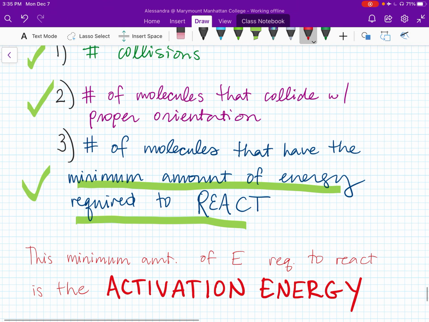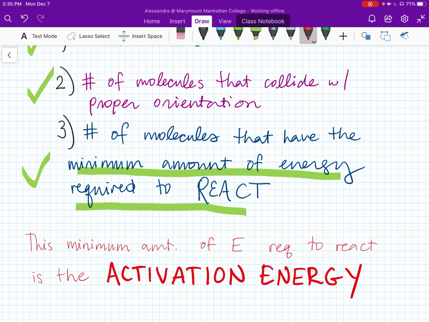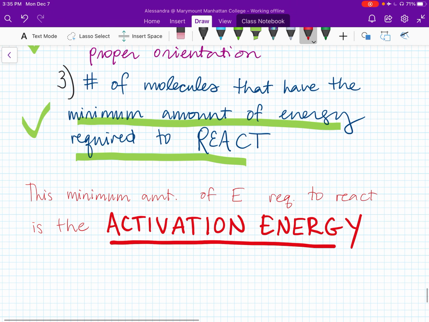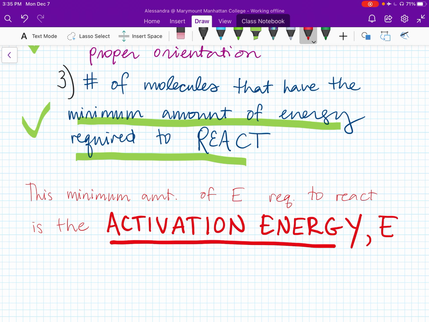This minimum amount of energy required to react has a very special name. It is known as the activation energy. The minimum amount of energy for the molecules to react. So the activation energy, we are going to abbreviate as capital E with a little a subscript. Sometimes the A is uppercase, sometimes it's lowercase. The activation energy has a few specific characteristics. It's always positive, never negative. So it's always positive, always greater than zero.